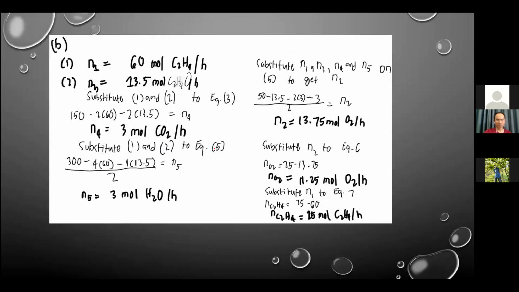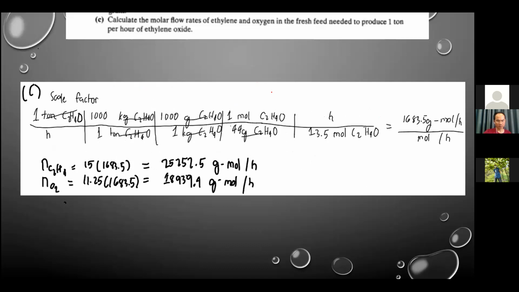Okay. After we get the molar flow rates, next is to calculate the molar flow rates of ethylene and oxygen in the fresh feed needed to produce 1 ton per hour of ethylene oxide. So here, I need to solve something so that 1 ton per hour of ethylene oxide would be yielded per hour.